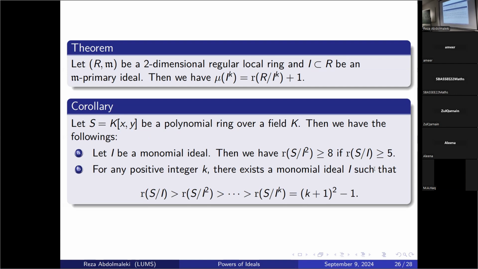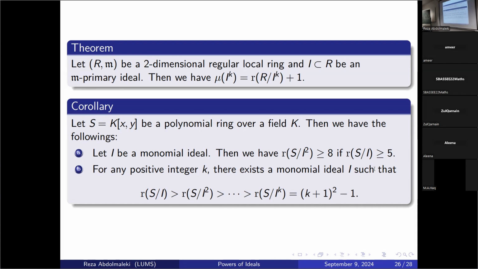If we consider these three, an m-primary ideal, then if the Cohen-Macaulay type of S over R is at least 5, then the sharp lower bound of the type for the second power is at least 8.